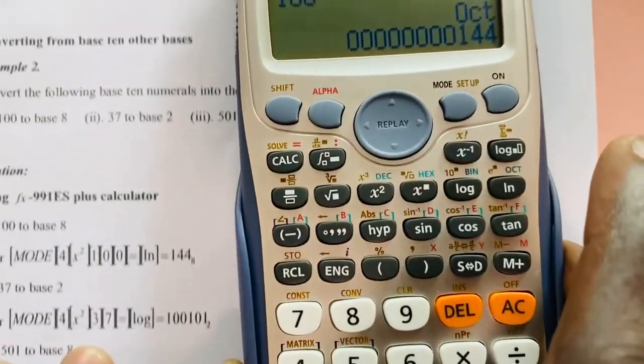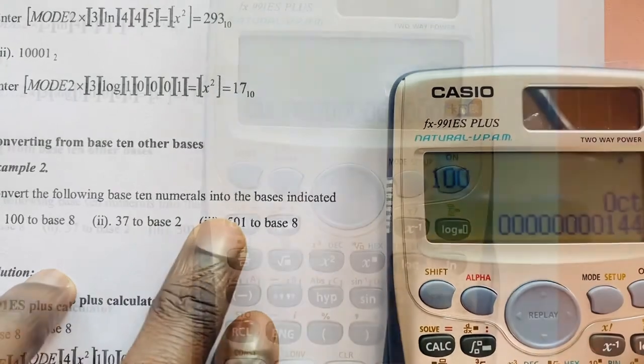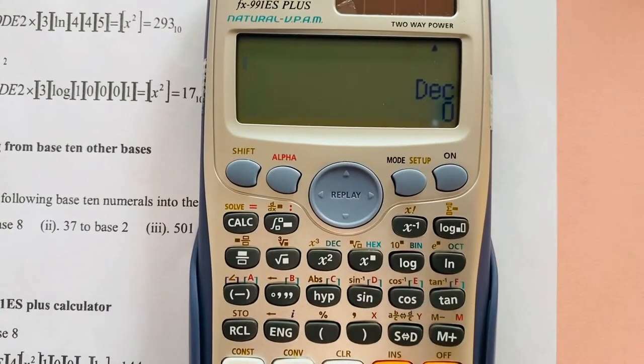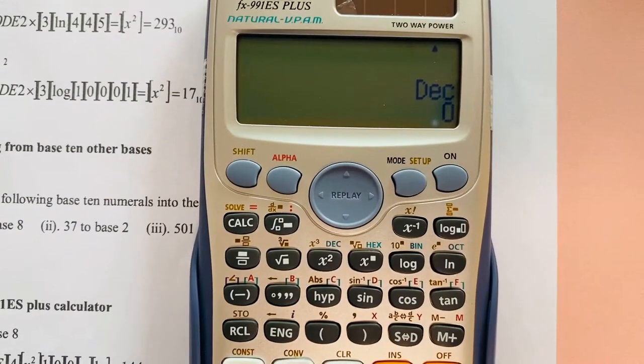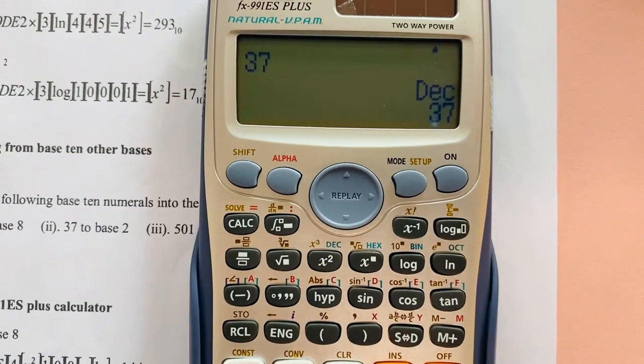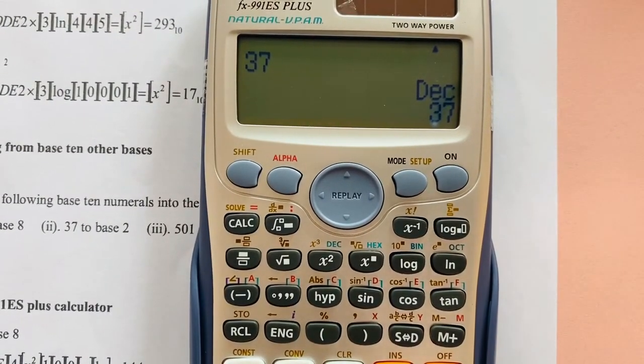Now we want to change the next one to base 2, so 37 to base 10 as a default. Then we enter the value. Very good. So now base 10, we enter 37, equal sign. Then we are converting 37 as base 10 to base 2.